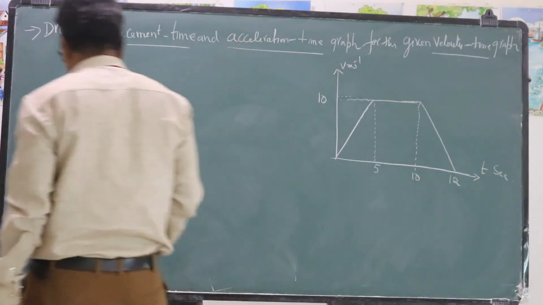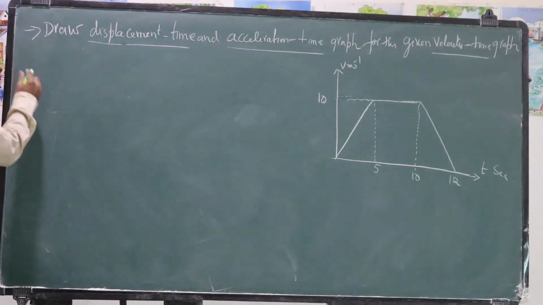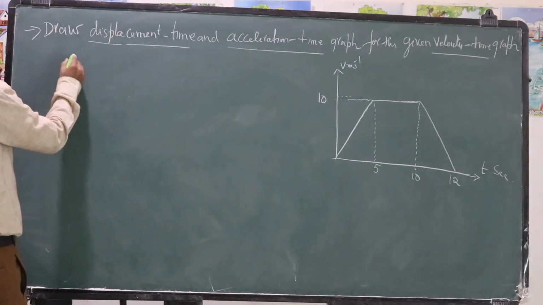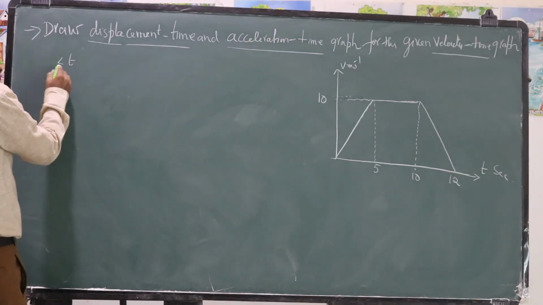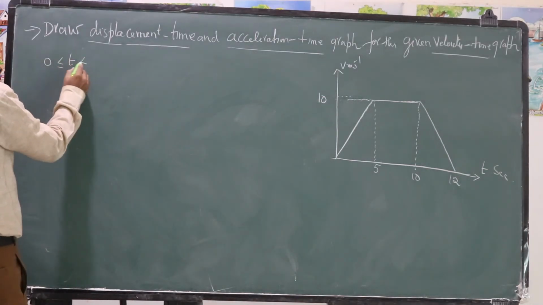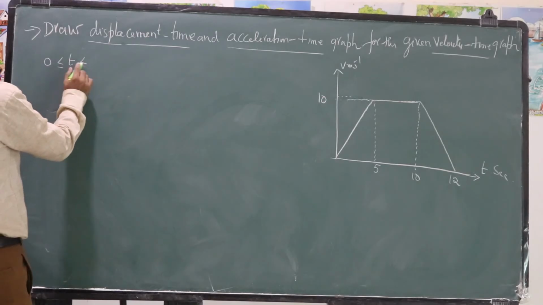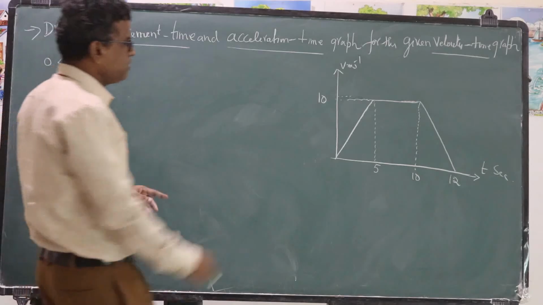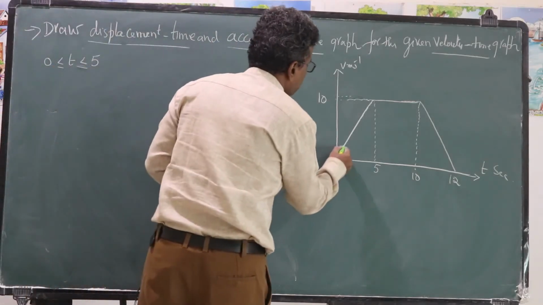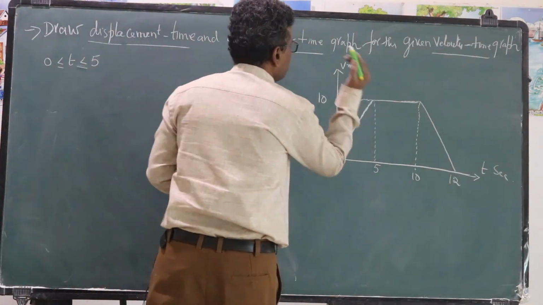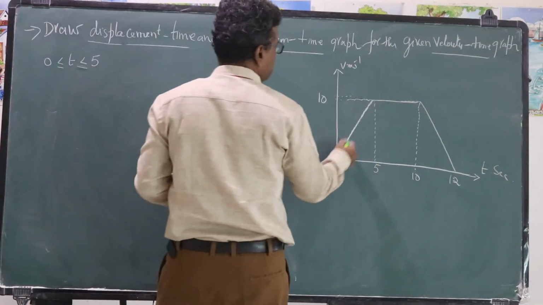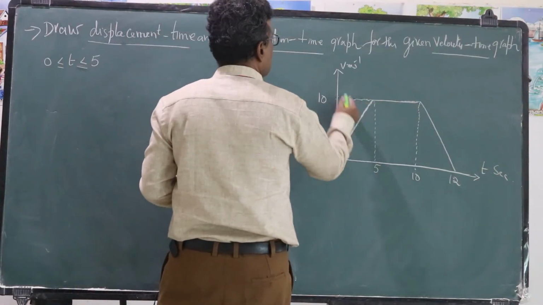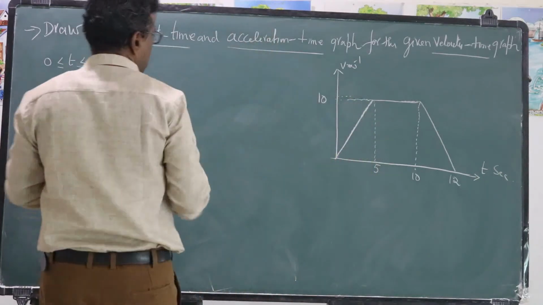See, first during time 0 to 5 seconds, what is the nature of the motion? It is increasing slope, positive increasing slope. So velocity gradually increases.